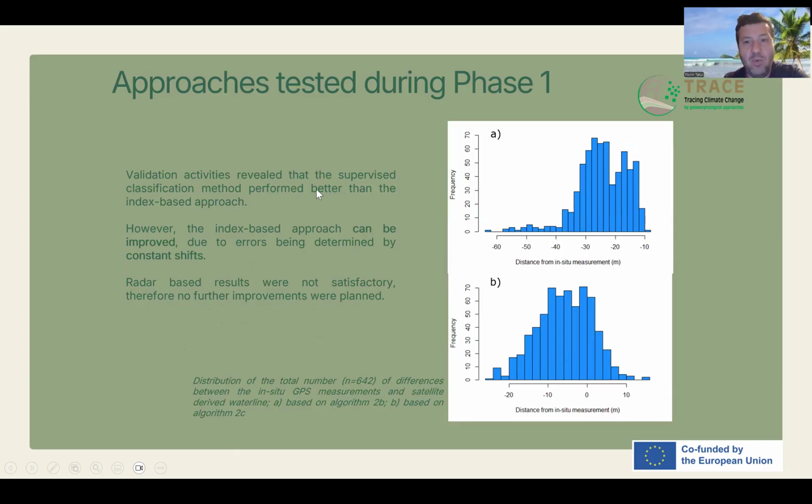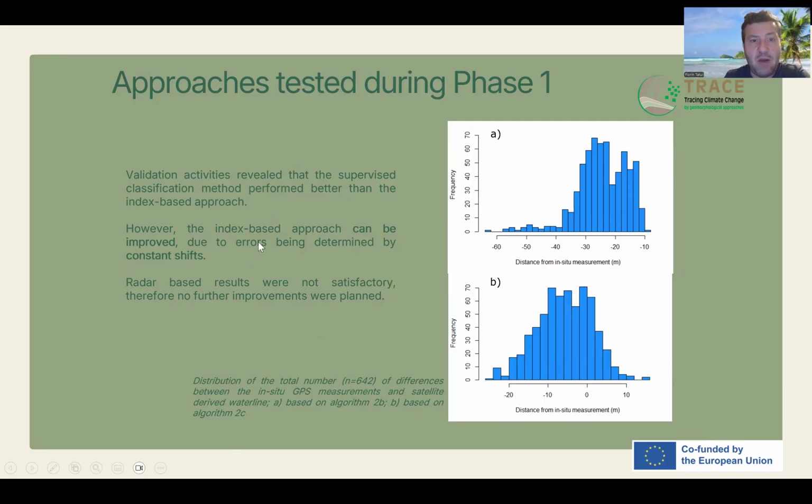Afterwards, we did some validation activities. Of course, we have to compare the results obtained using our algorithms with some measured data, and we saw that the supervised classification method performed better than the index-based approach.